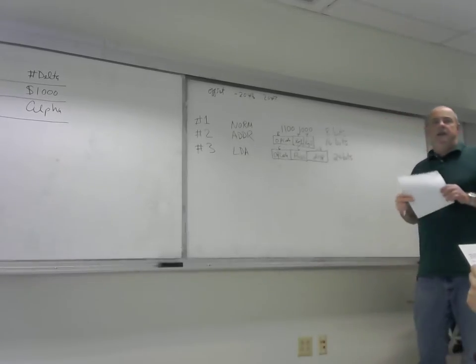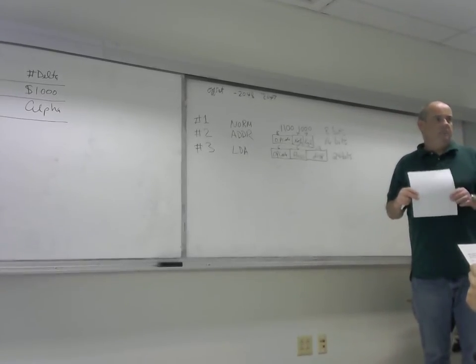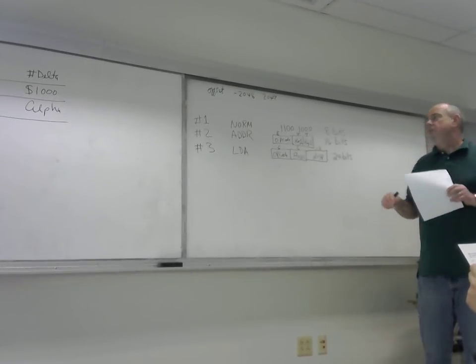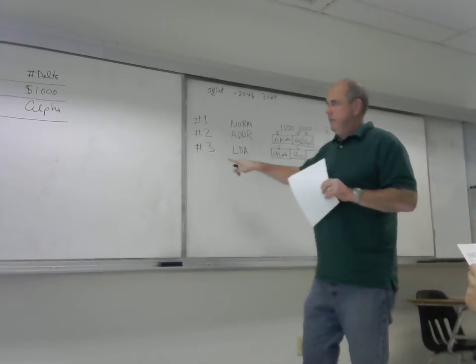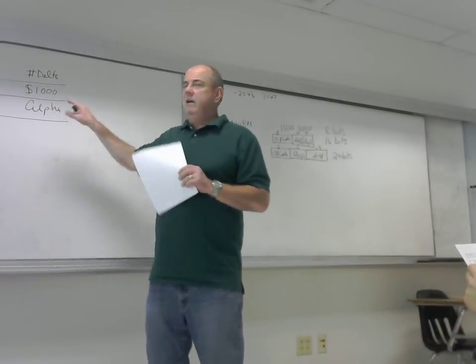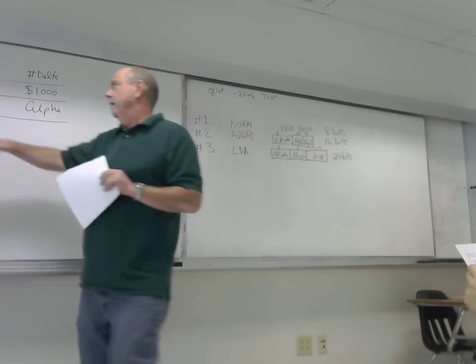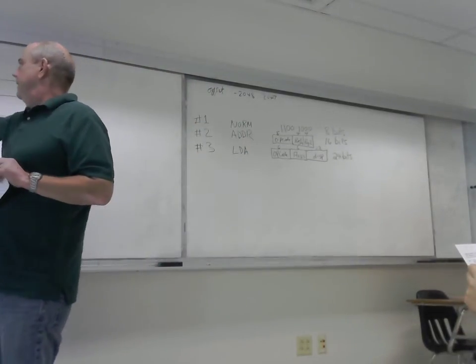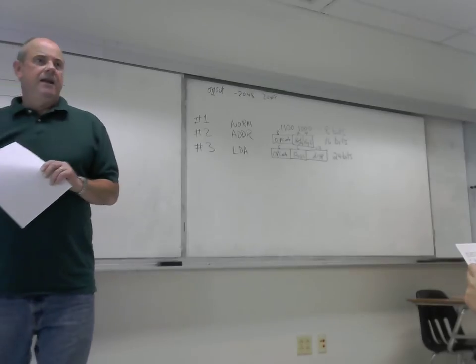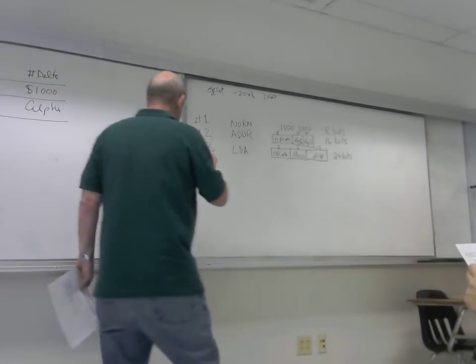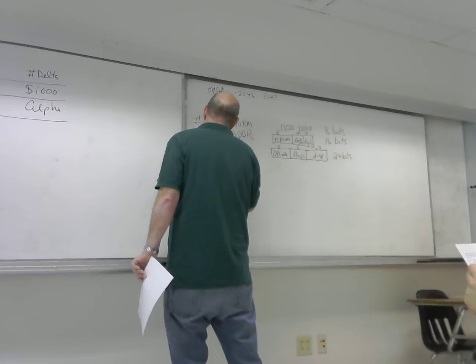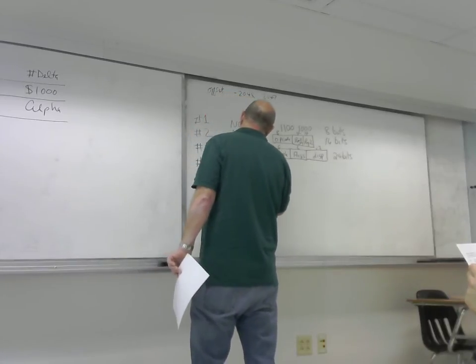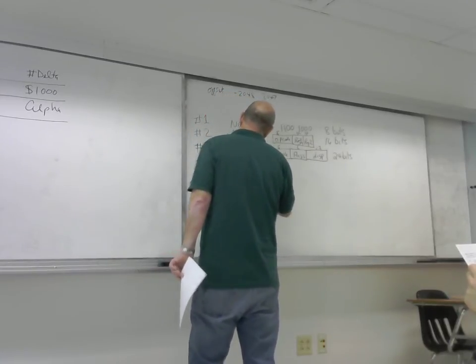24 bits is how many bytes? 3. There's 8 bits in a byte, so that's 3 bytes. So all of these format 3 instructions are 3 bytes in size. Now we have format 4 instructions, and these must have a plus in front of the LDA to distinguish.